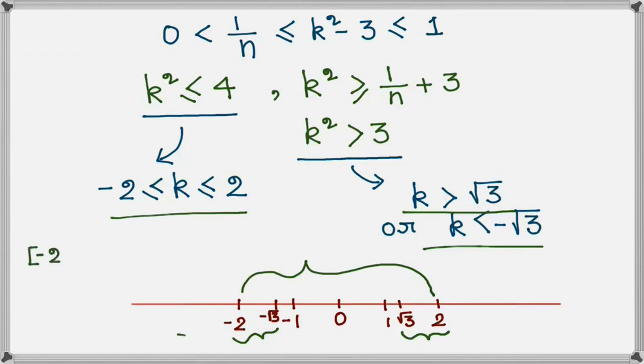Therefore, we have the possible range of k to be closed interval -2 to open minus square root of 3, union open interval square root of 3 to closed interval 2. Now we look at the options given to us.